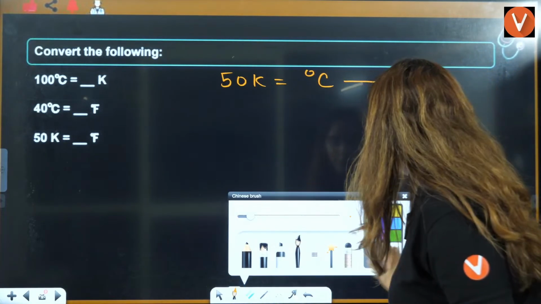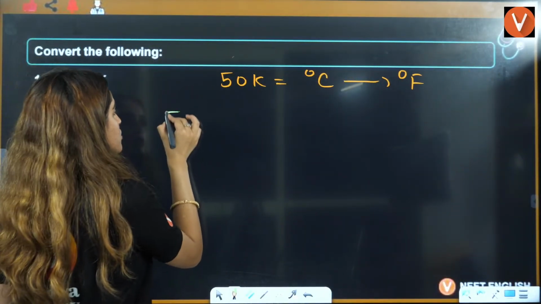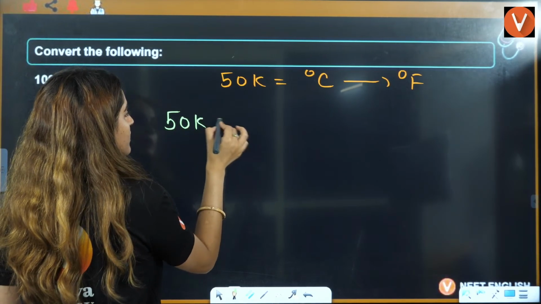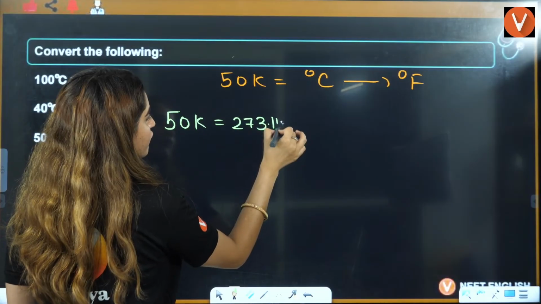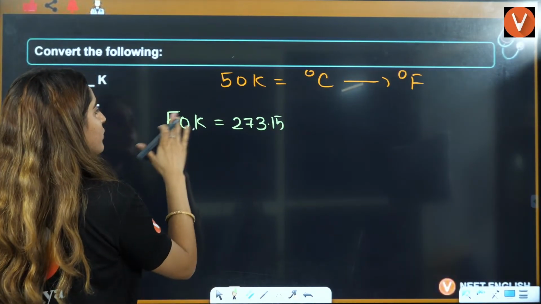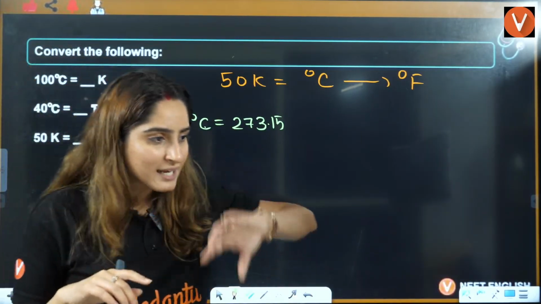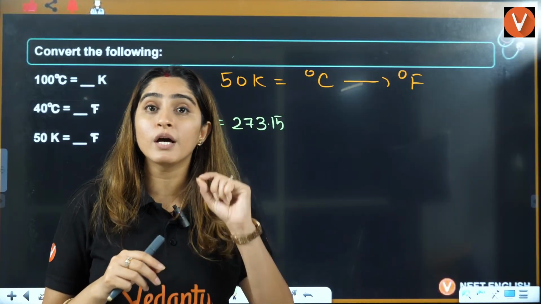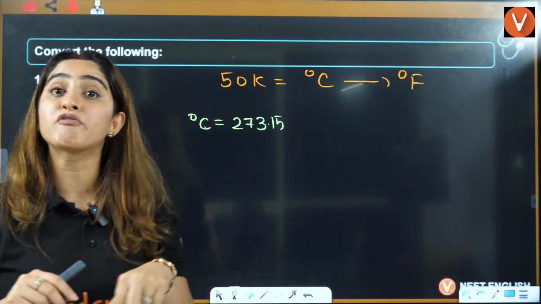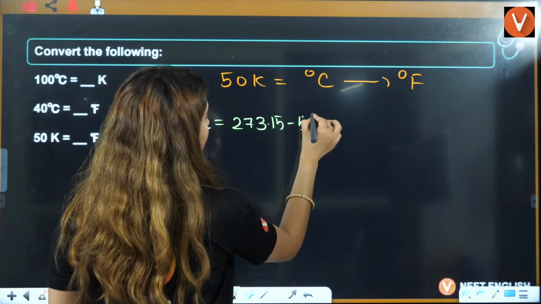So 50 Kelvin is equal to how much degree Celsius? When you have to convert degree Celsius to Kelvin, you add. When you have to convert Kelvin to degree Celsius, you have to subtract 273.15.